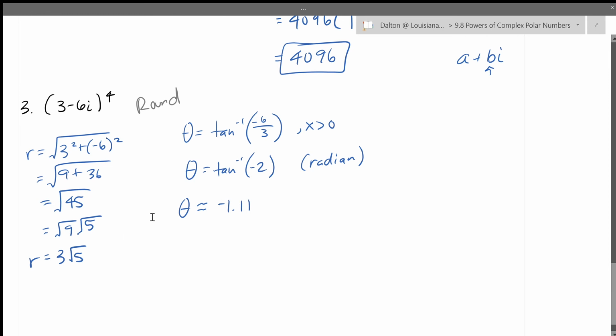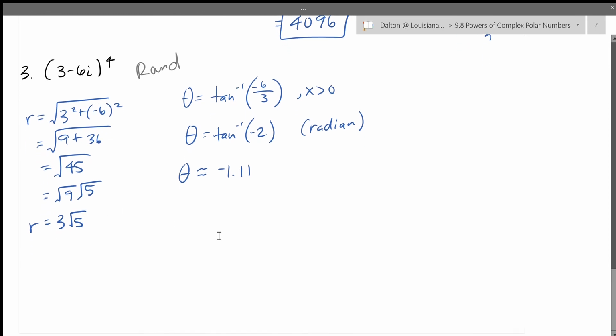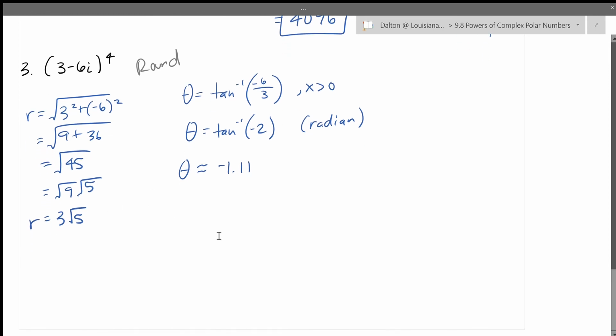So then you're going to take these two values for r and theta, and we're going to create a polar complex number. So that's going to be 3 square roots of 5 times the cosine of negative 1.11 plus i times the sine of negative 1.11. And then you want to raise this entire number to the 4th power.